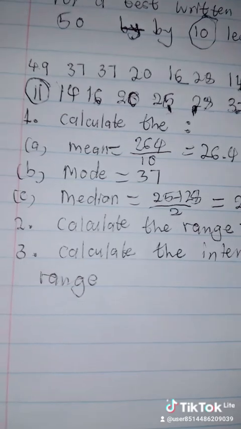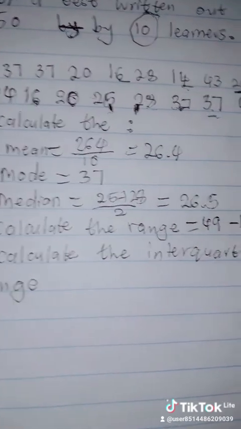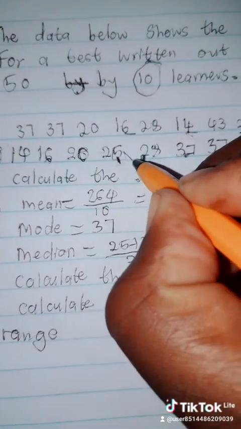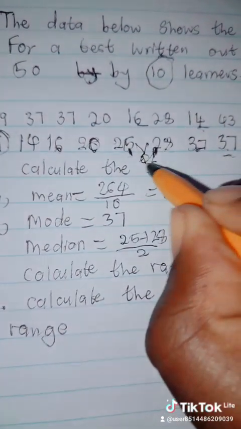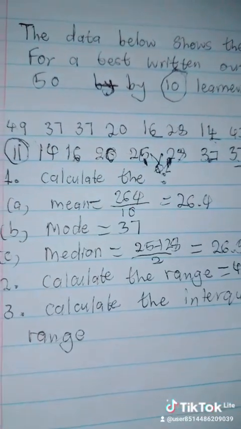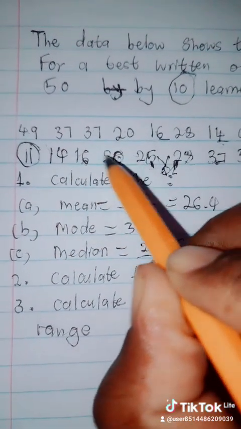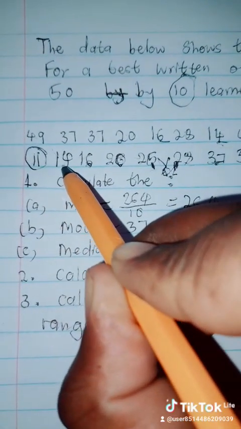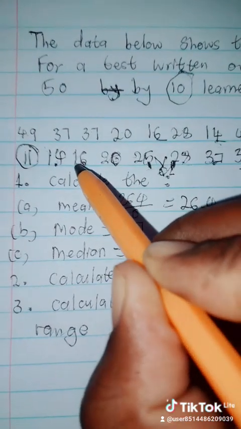We are not done. We are supposed now to do question number 3. Calculate the interquartile range, right? Since we know that here is where our Q2 was, which is the median, we need to find the lower quartile. So let's see how many numbers are remaining here. We calculate 2, 2: 1, 2, let me place a dot here, as well as 1, 2, let me place a dot.